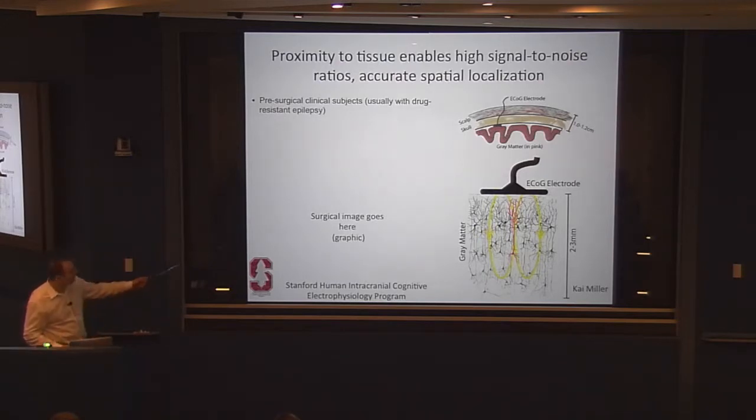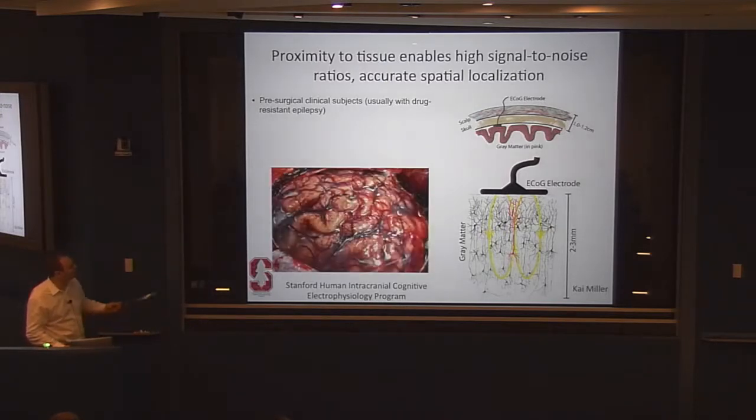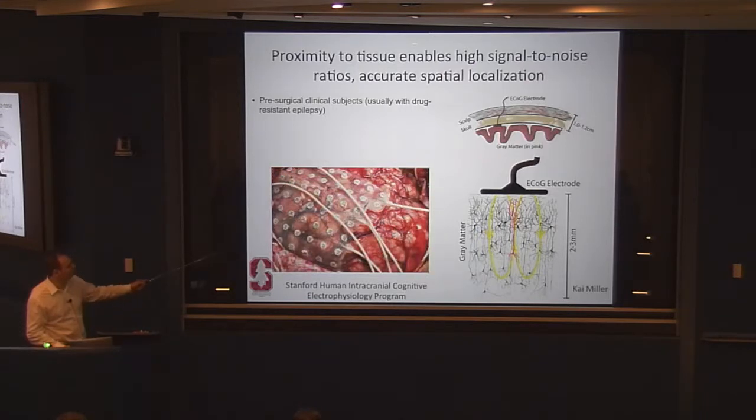So now I have a kind of graphical image. If you're squeamish about blood, then look away for a moment. This is a patient who's had the skull and dura removed to implant electrodes. This is a grid of electrodes implanted on the same brain. And here's a scale bar.